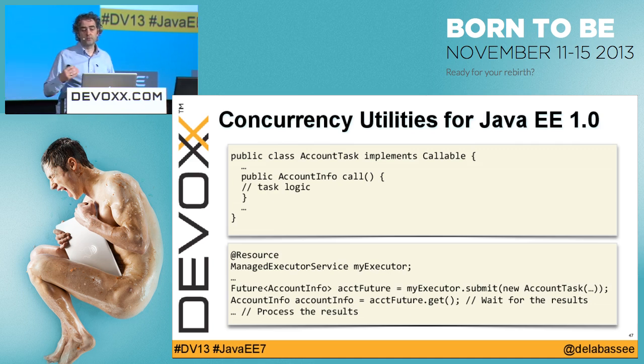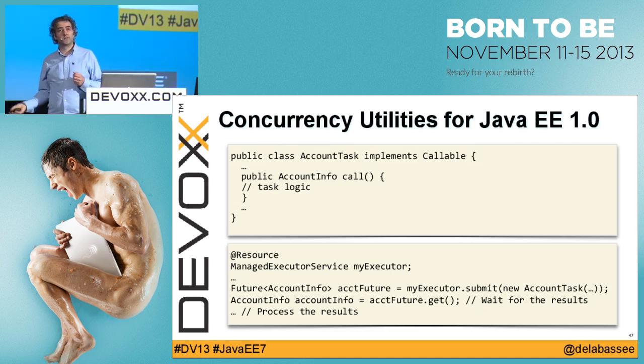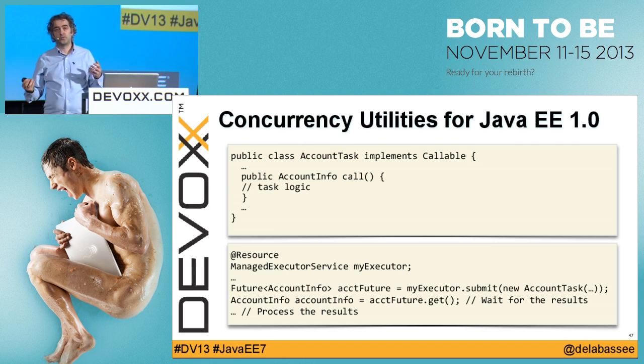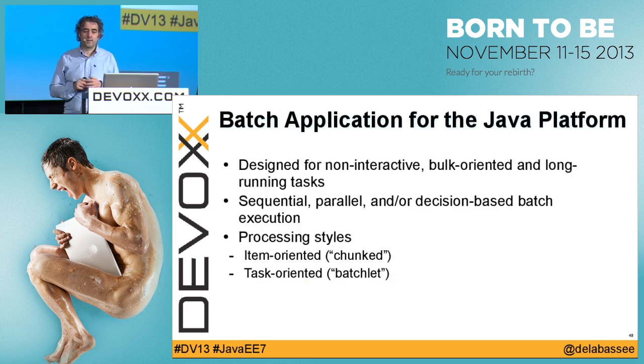And it will be up to the executor service to do all the dirty job of scheduling the task on the threads that are available, handling the synchronization, and so on. You get in return a Future object that you can use to query the status of the execution of the task or get the result and so on. So you see that if you know the concurrent util package of Java SE, you now have the same capabilities within Java EE.